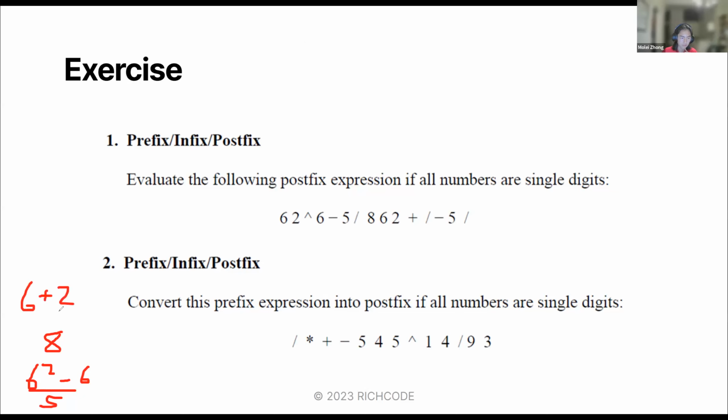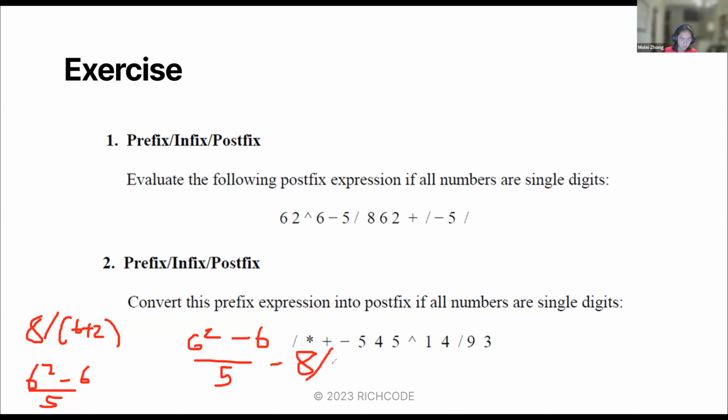And then divided. So we take the 6 plus 2 and 8. And this becomes 8 divided by 6 plus 2. Right? And then we have a minus. So we do 6 squared minus 6 over 5, and minus 8 over 6 plus 2.